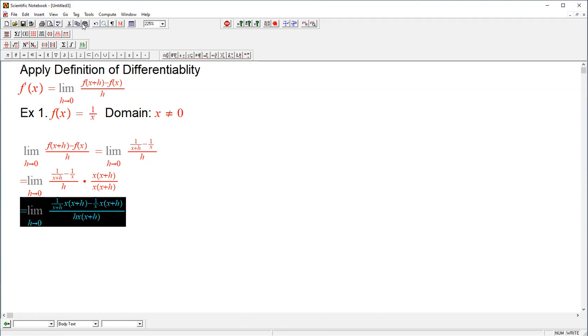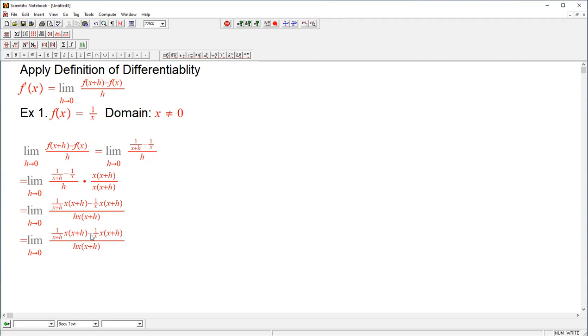And then we simplify. When we simplify, you can see x plus h reduced with 1 over x plus h, and 1 over x times x is being reduced. Now we have x minus x plus h, the negative sign distributed, so this is minus h.